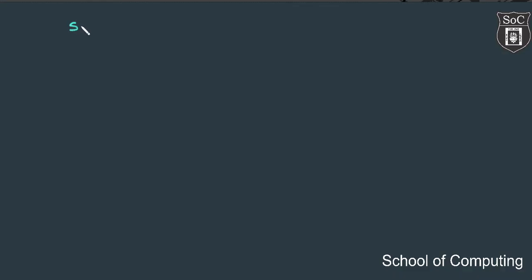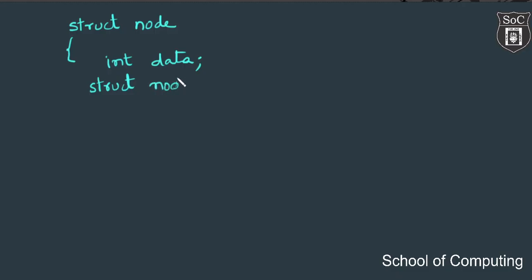So I create a structure called node, and in this I'll create three members: int data, and two pointers of type struct node, because left child and right child are pointers which are pointing to left and right nodes, meaning I need a pointer of node type.